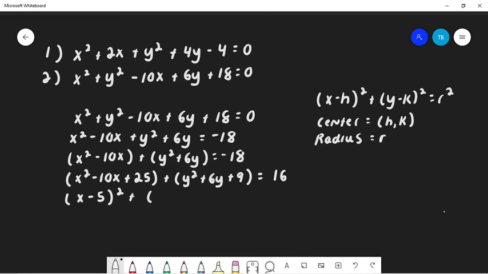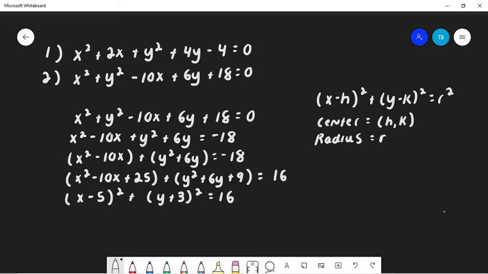Take the coefficient of the linear term 6 divided by 2, so that's 3. So we just rewrite it as (y + 3)². And then that's still going to be equal to 16. So there we go. There is our standard form of the equation of this circle, (x - 5)² + (y + 3)² = 16.